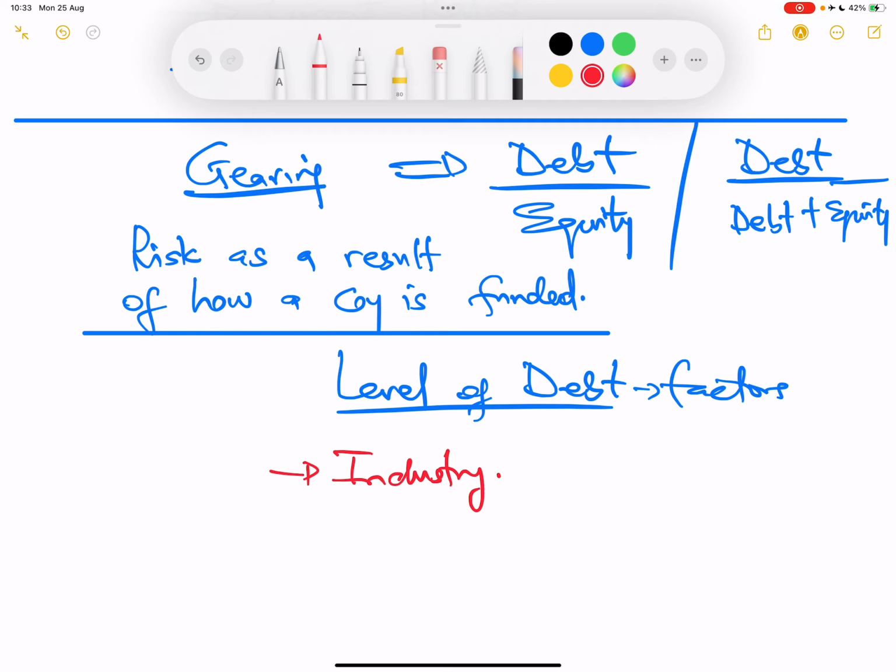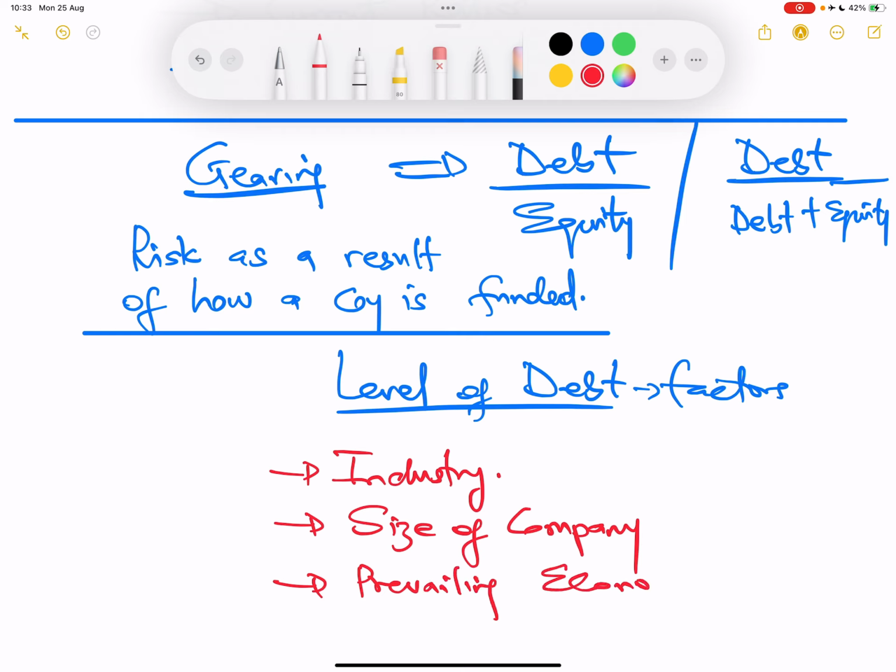But if you're just in the service industry, you might not have so much debt. Also, the size of the company is very important. Big companies tend to have a high level of debt because they are able to get more debt, and probably expanding and all of that. So size of company is very important.